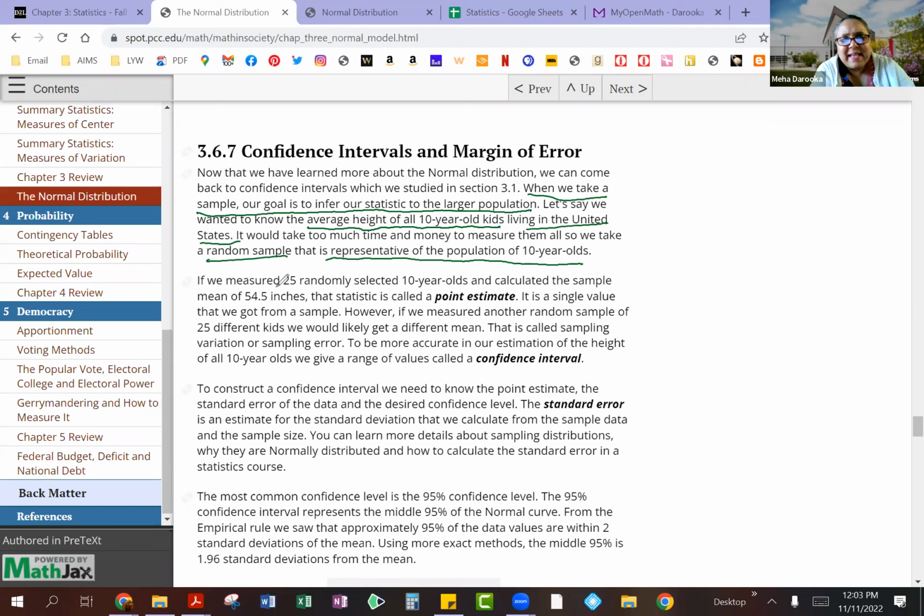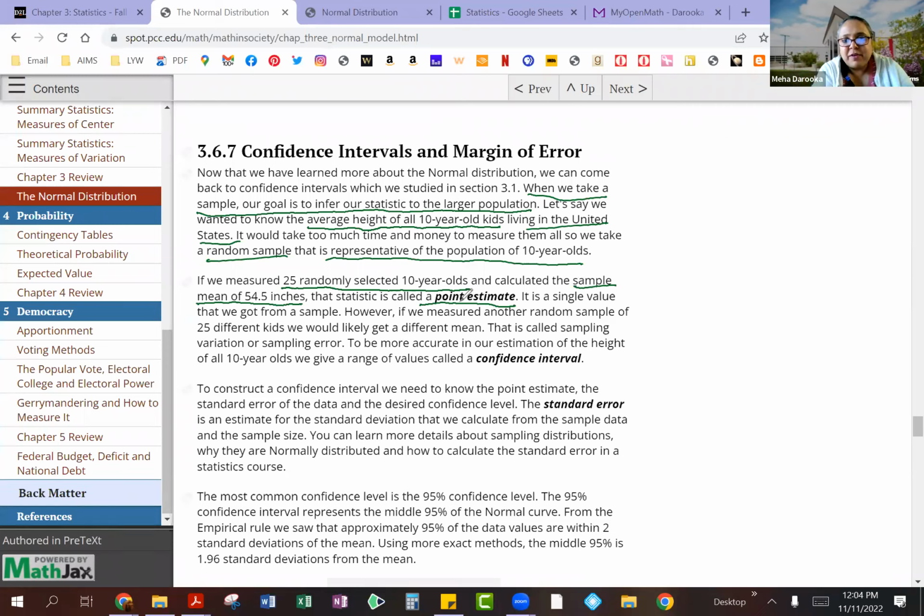Let's say we took 25 randomly selected 10-year-olds and we calculated their height, and the sample mean came out to be 54.5 inches. This sample mean is what we would call a point estimate. Just a new terminology, but all that means is you are looking at the sample mean for this specific group of kids that we selected as our random sample.